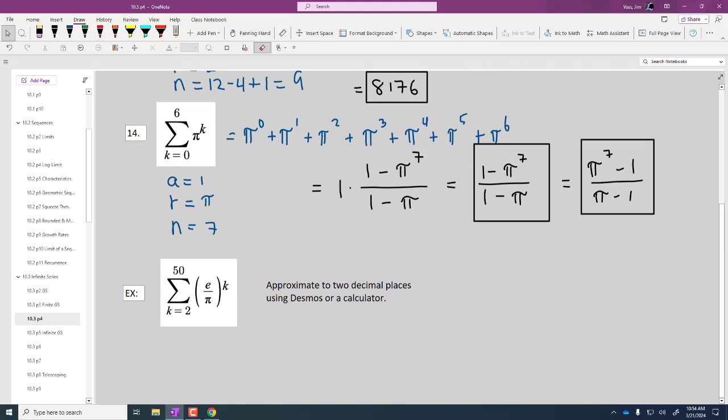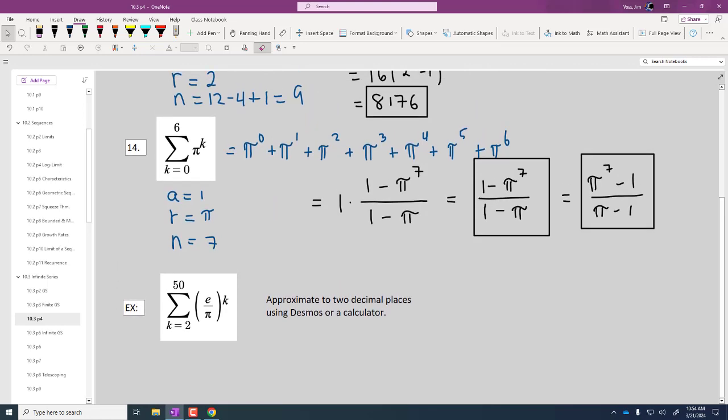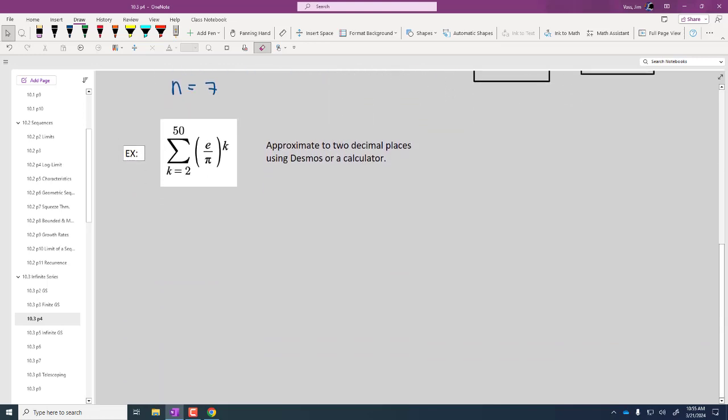Okay, any questions on that partial sum, i.e. finite geometric series stuff? So here, approximate to 2 decimals using Desmos or a calculator.